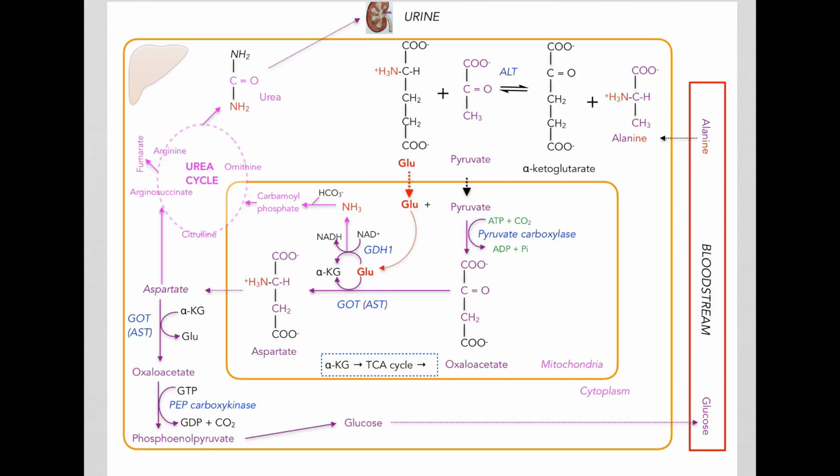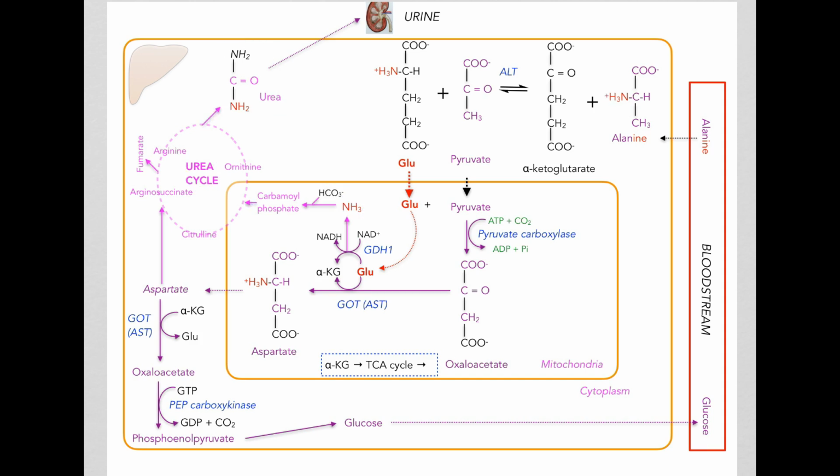So basically the ammonia will react with the bicarbonate to give you carbamoyl phosphate, and this then enters the urea cycle. Out of the urea cycle comes urea, and urea has this nitrogen that really came from alanine.